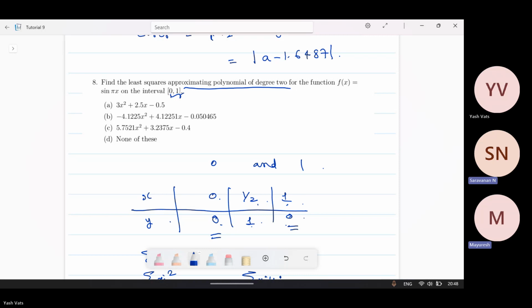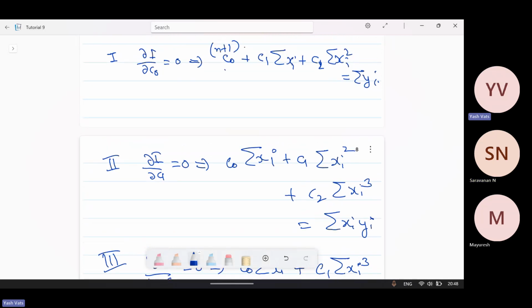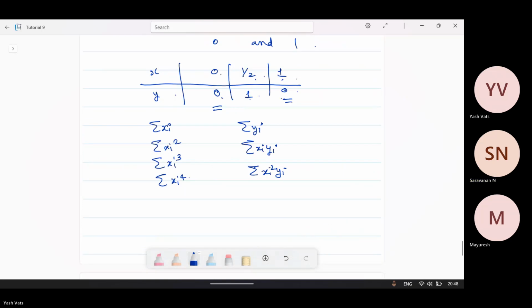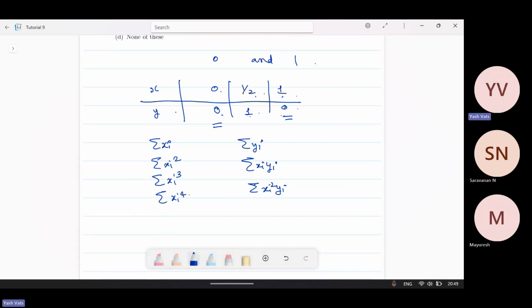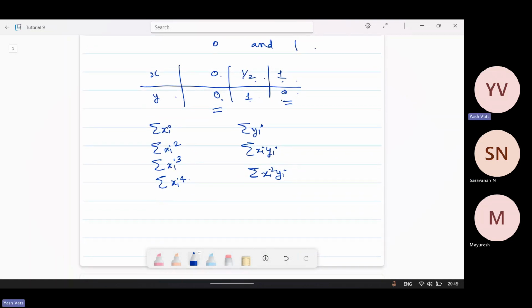Just now we have seen the proof. In that proof also you need x raised to 4. You need C0, C1, C2, these three coefficients, nothing else. So for these you need to solve three equations. Can you find them out? We'll do it quickly.